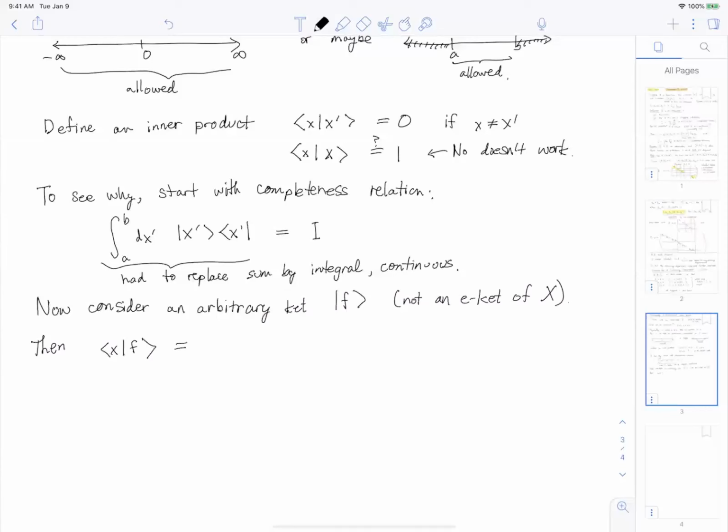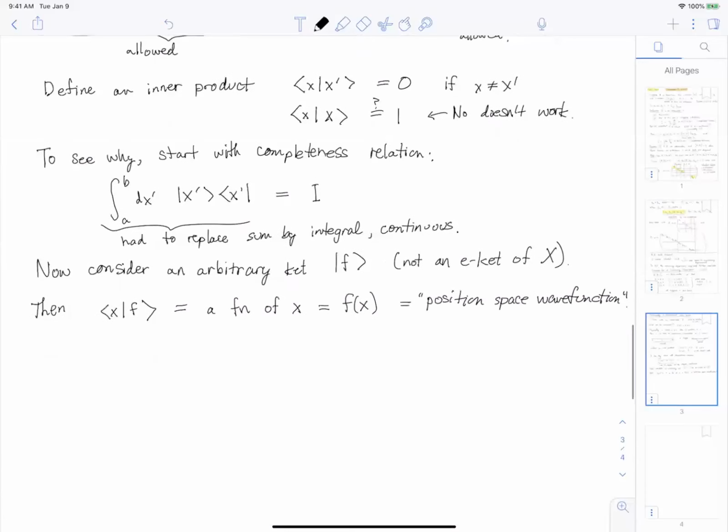What is that thing? It's clearly dependent on x, so it's a function of x. We can write it this way, f of x. That's just the definition of the function that gives us this inner product, and this is otherwise known as the position space wave function. That's the definition of what a wave function is.